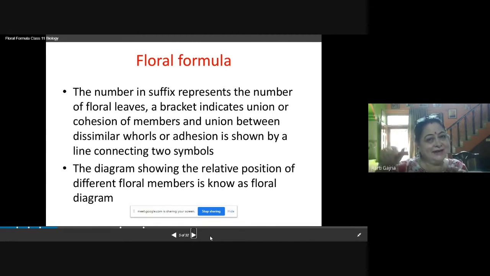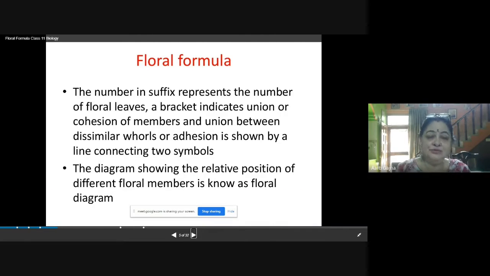Capital C and capital A will be connected by a line. So this line shows that the corolla is attached with the stamen. So if the line is there, that means these two different whorls are united. And if there is a bracket, that means the members of that whorl are united.